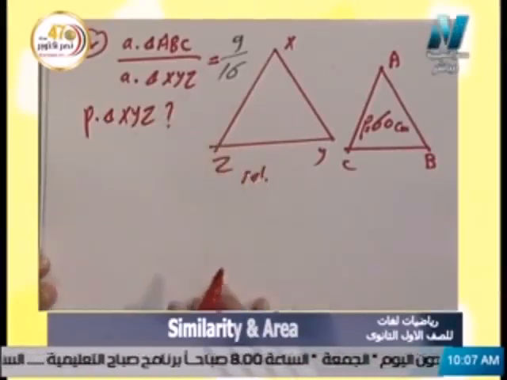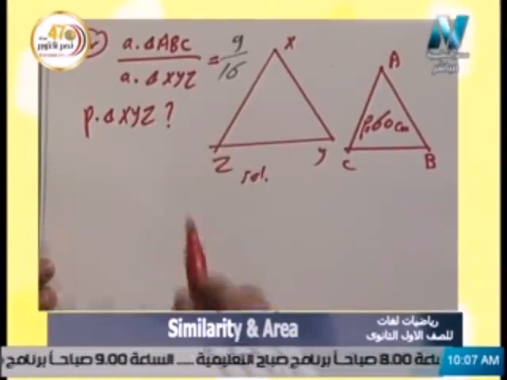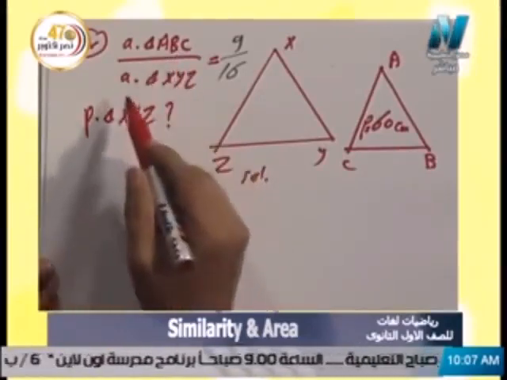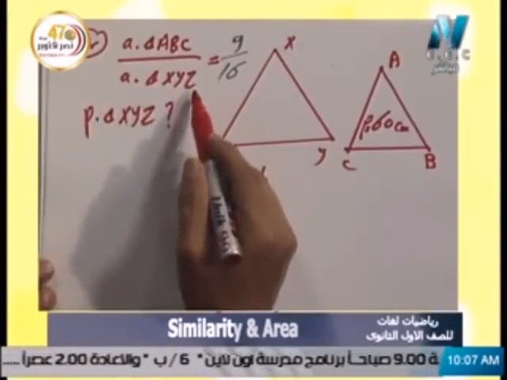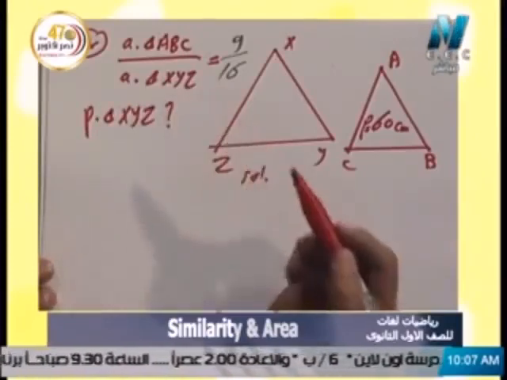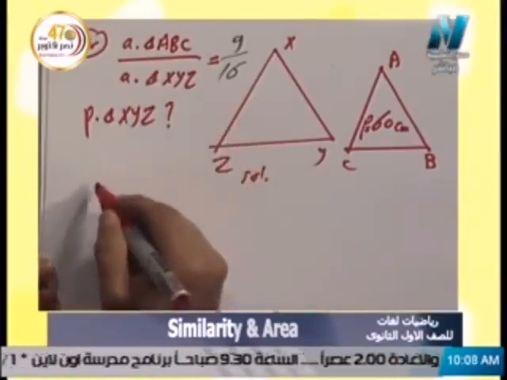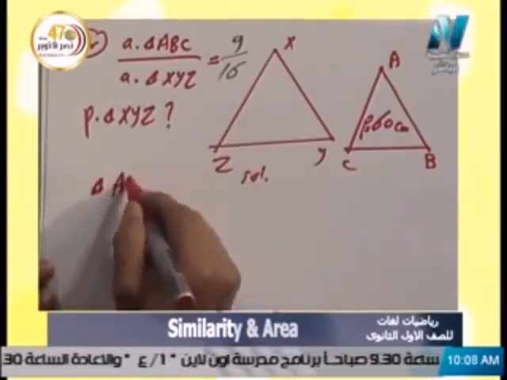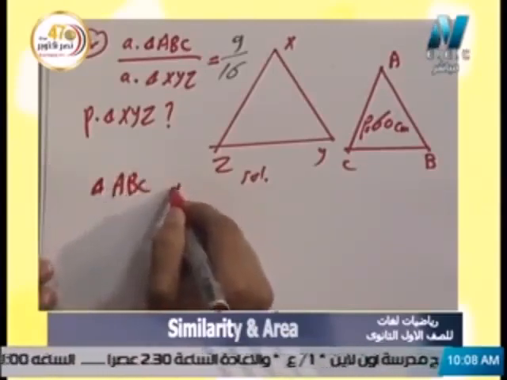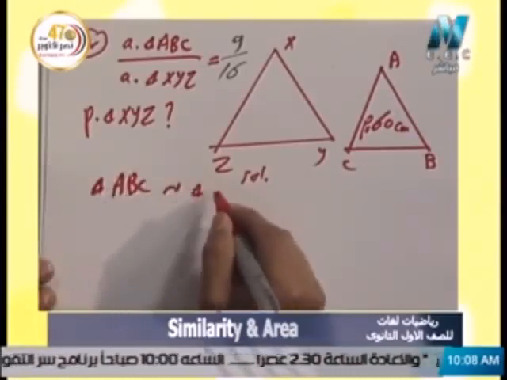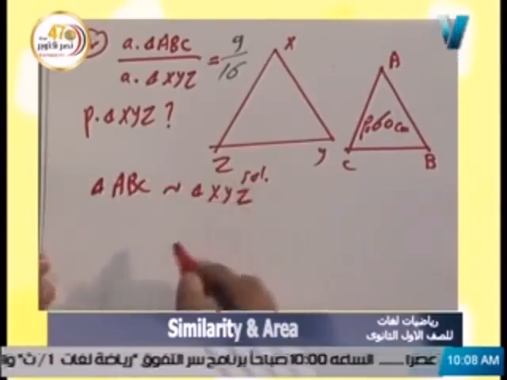Solution: we know that the area of triangle ABC over the area of triangle XYZ equals the square of the ratio. We know that triangle ABC is similar to triangle XYZ.